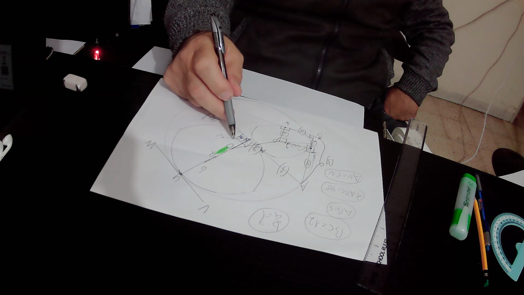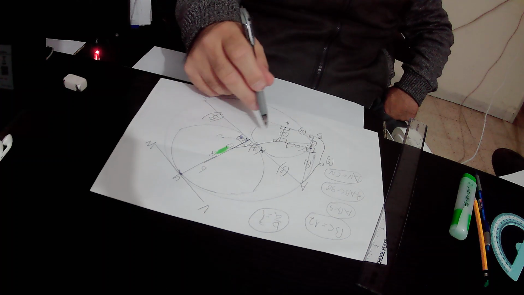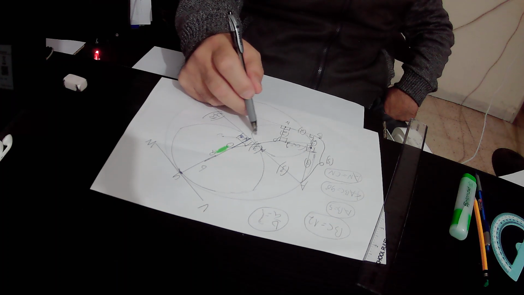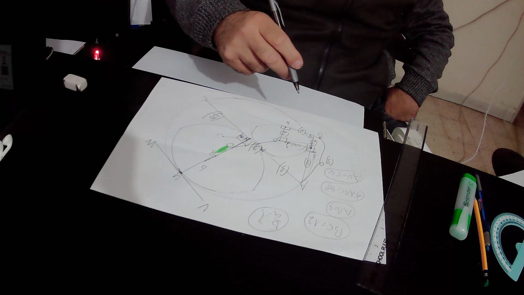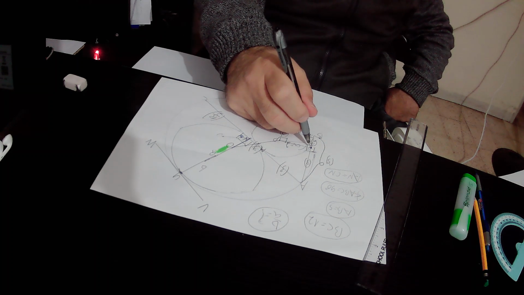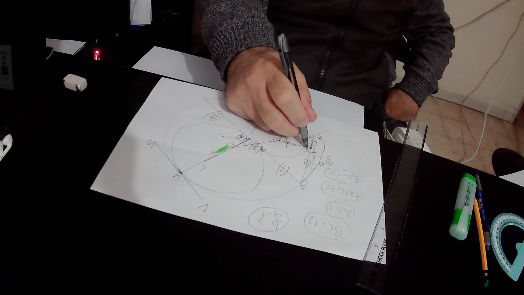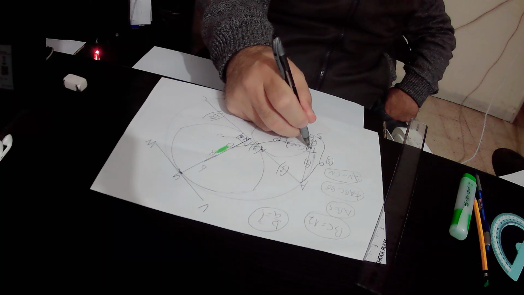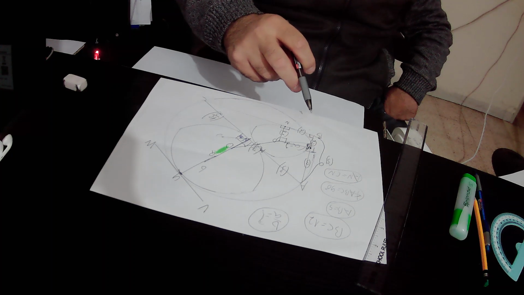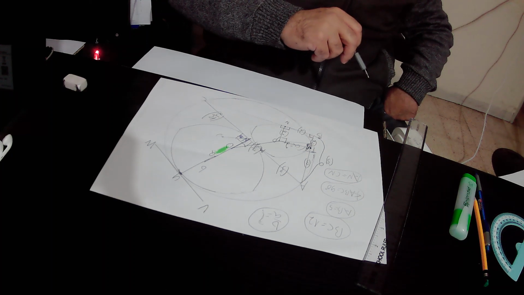And the straight line OP connects the centers of the bigger circle with the smaller circle. And this smaller circle touches the bigger circle at this point. We define the touching point as point S. That is to say, the smaller circle touches the bigger circle at point S.